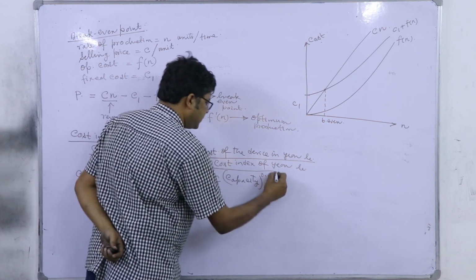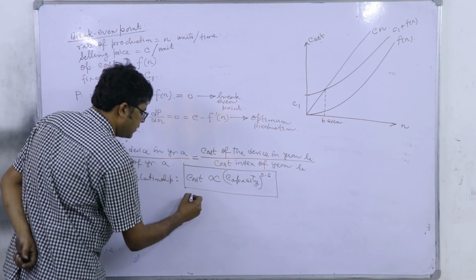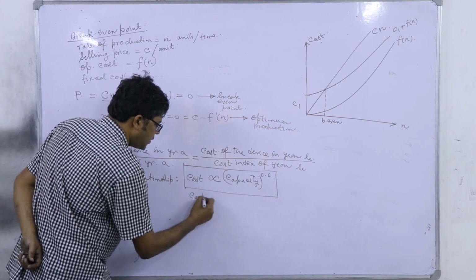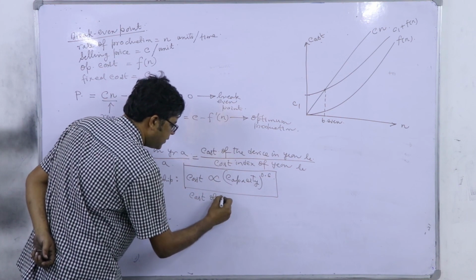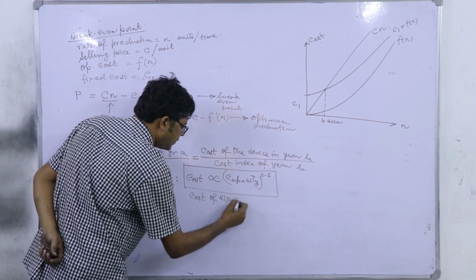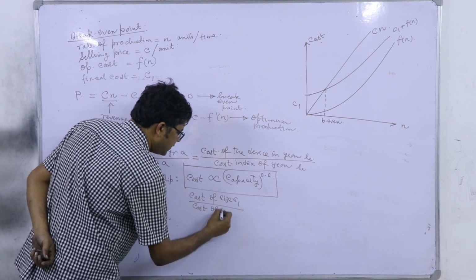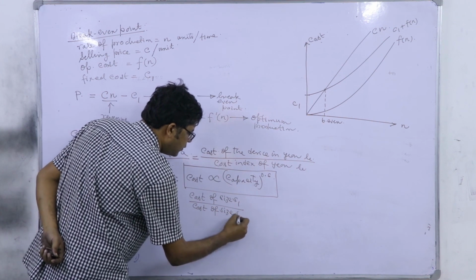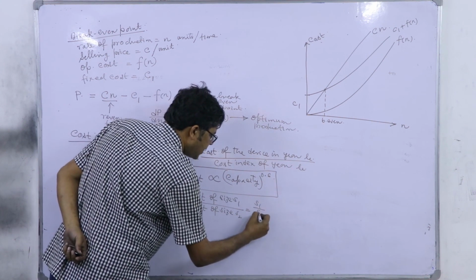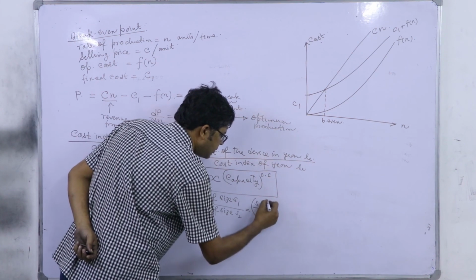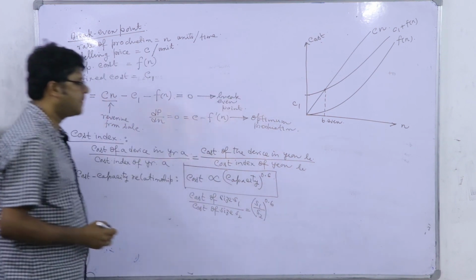That is for the process devices. So, the cost of size S1 divided by the cost of size S2 is equal to (S1 by S2) to the power 0.6. Right.